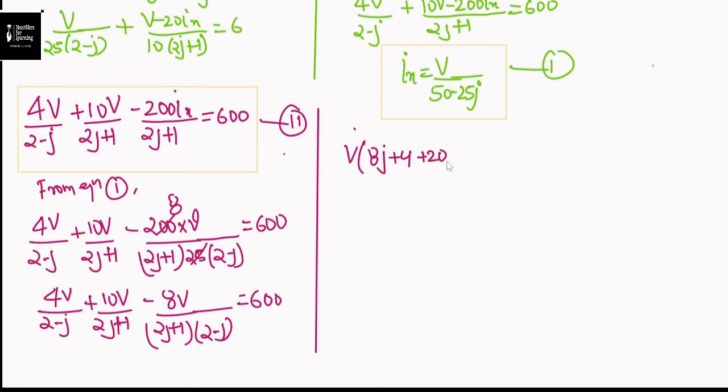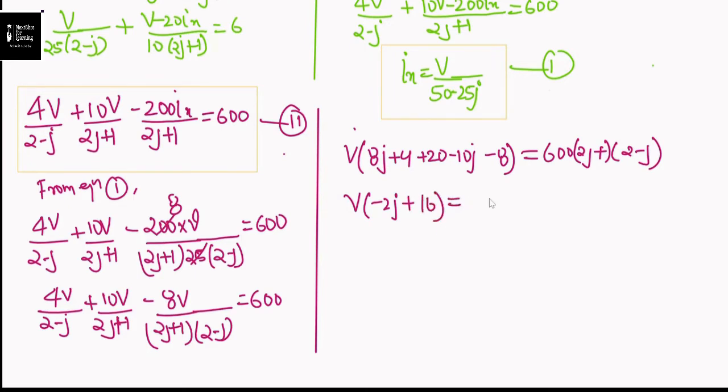Taking the LCM on both sides, finally we have obtained V multiplied by minus 2j into 16 is equal to 600, 4j plus 2, again plus 2 then minus j.